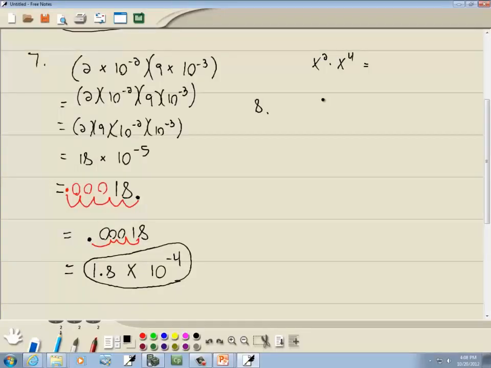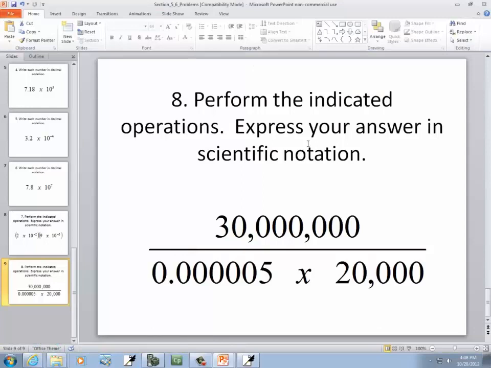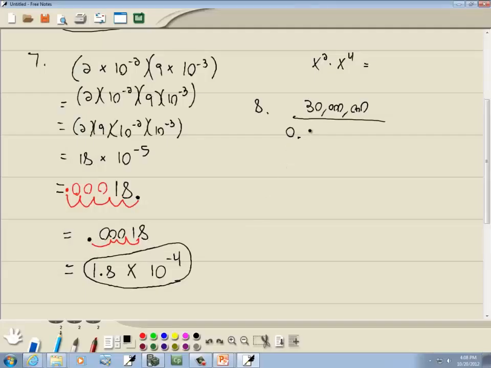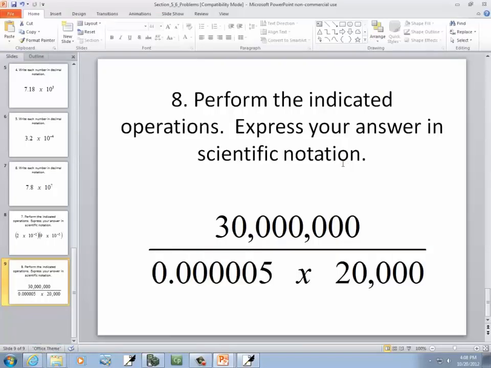Let's take a look at this problem. We've got 30 million divided by 0.000005 (zeros, yeah, 5 zeros: 1, 2, 3, 4, 5), times 20,000. It says perform the indicated operations, express your answer in scientific notation.